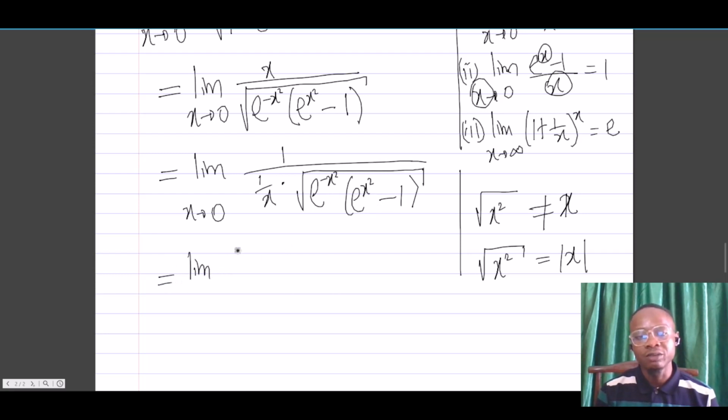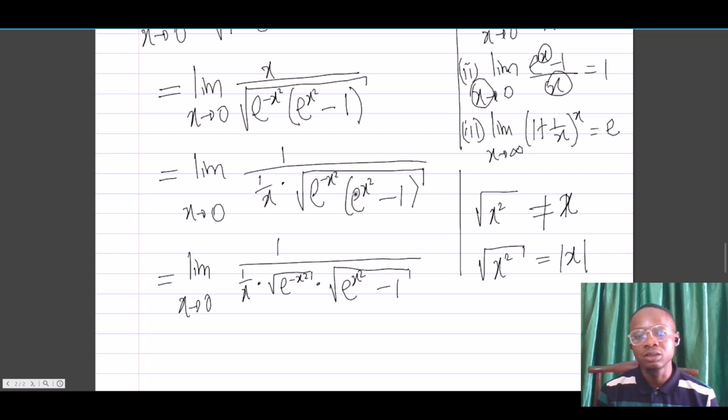So we can say that this is going to be equal to the limit. Just simplifying first, we have root of e to power minus x squared, so we can separate that out. So this is the limit as x approaches 0 of 1 over x still, multiplying root of e to power minus x squared, multiplying the root of e to power x squared minus 1.